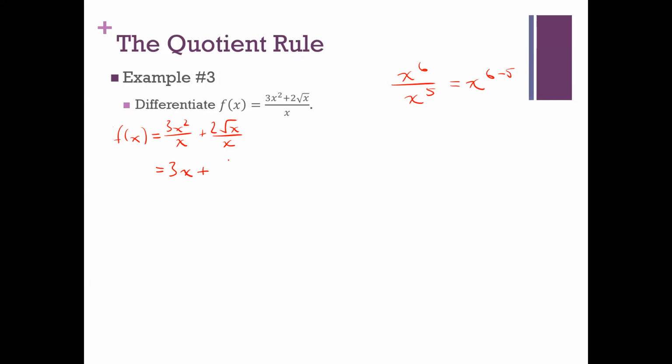So maybe another rewrite we could do is express all of these variables as having exponents. So 2 minus 1 is easy. But now I can rewrite this next one as a couple different things, but I'm going to go with 2x to the negative 1 half.